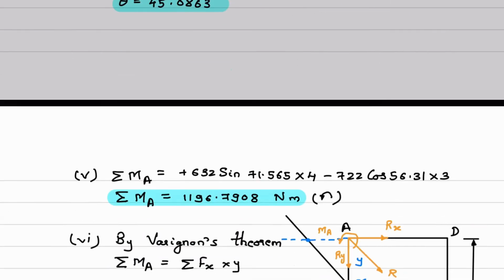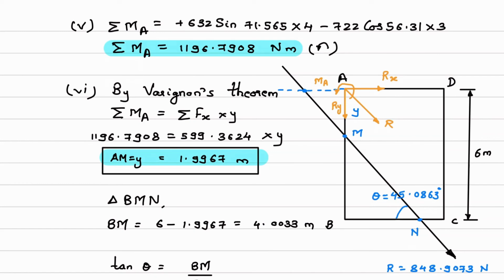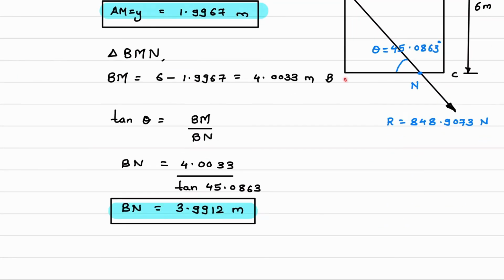After finding the moment, we plotted the resultant on this diagram, and we saw that it intersects AB at point M and BC at point N. The y-intercept we got directly from Varignon's theorem, and then using this triangle, total height was 6. From 6 we subtracted this y, we got BM, and since theta is known, we used tan theta to calculate the unknown BN.